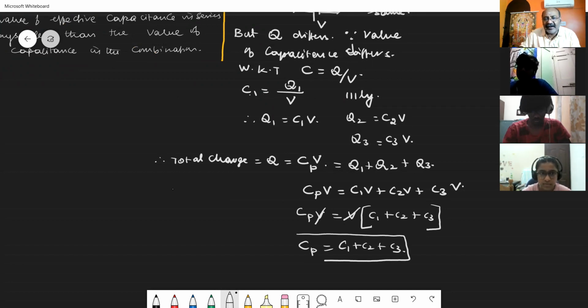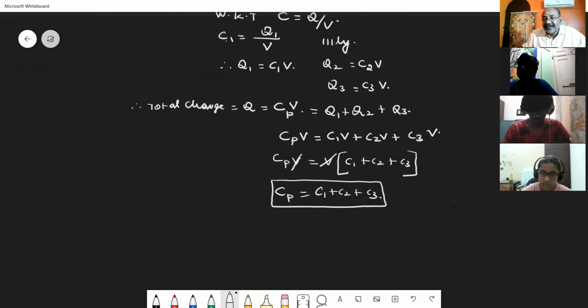So when we are considering the effective capacitance in parallel combination, it is equal to the sum of the individual capacitances. How do we define this?